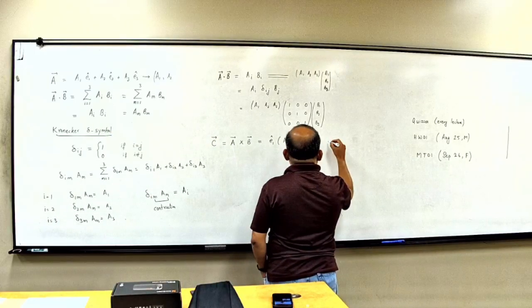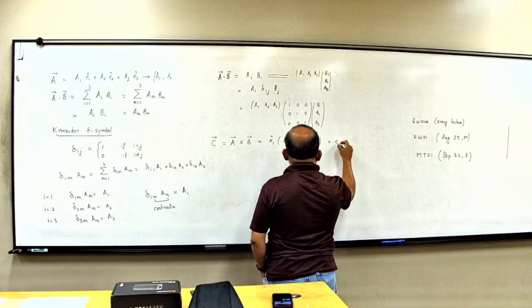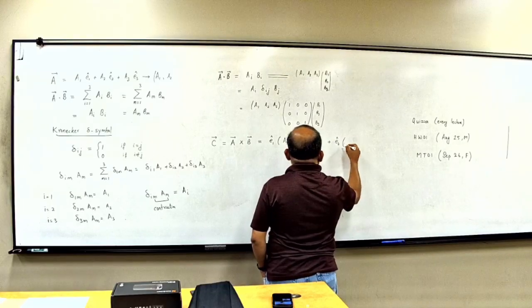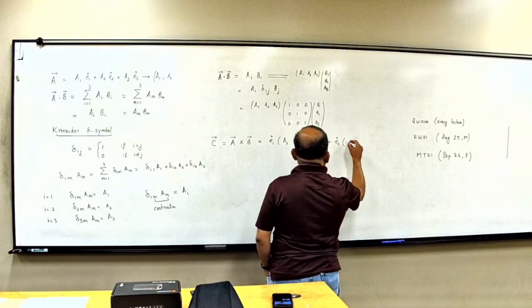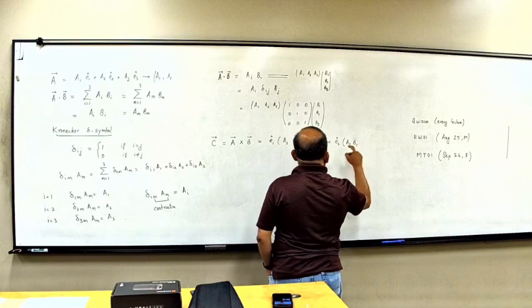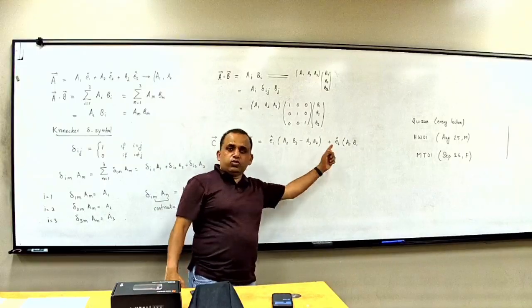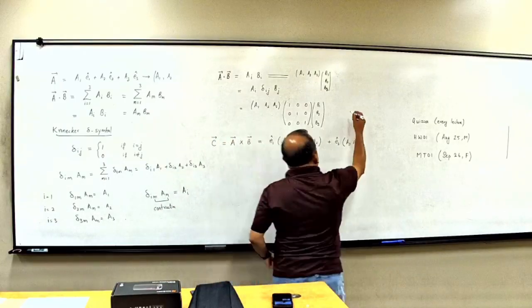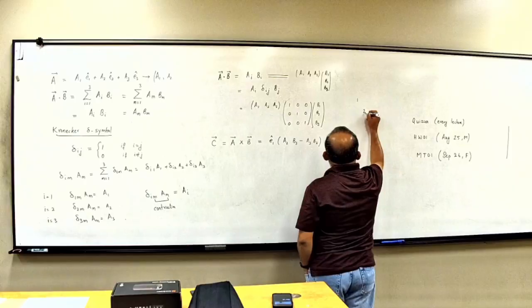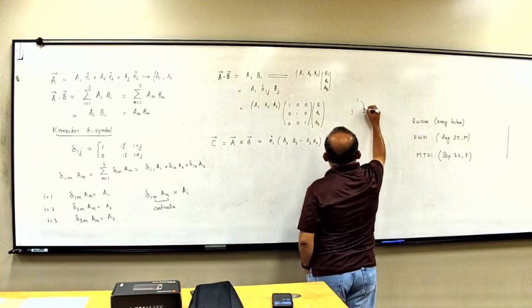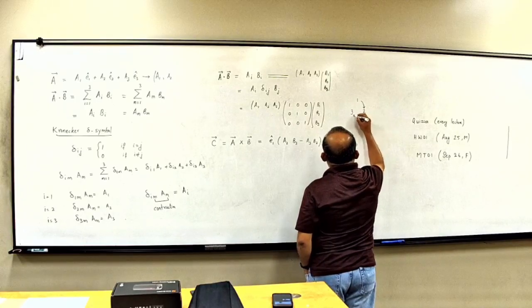Then you have a second component here, so that's e2. After 2 is 3, right? So it is A3 times B1, 2, 3, 1. Notice the cyclic order 1, 2, 3, 2, 3, 1. So that's a cyclic property.